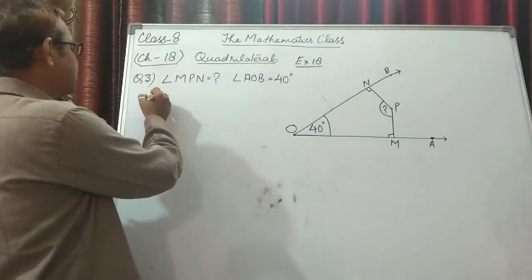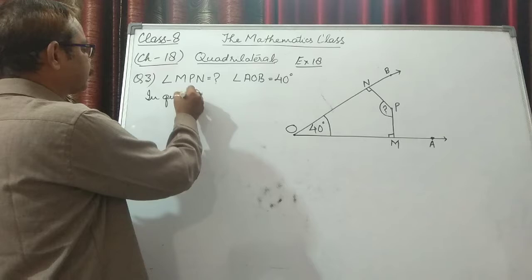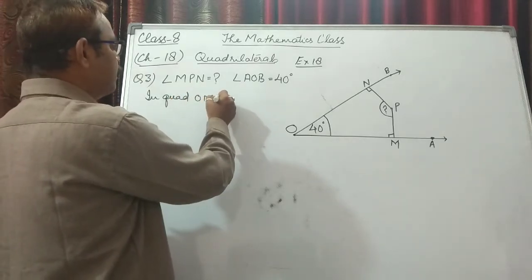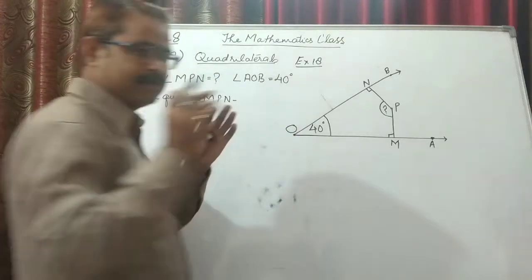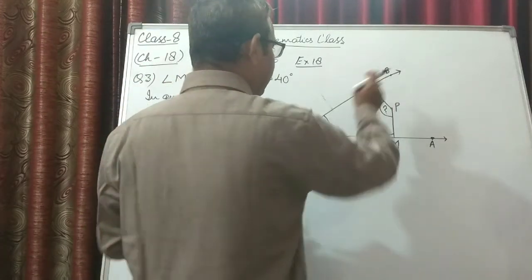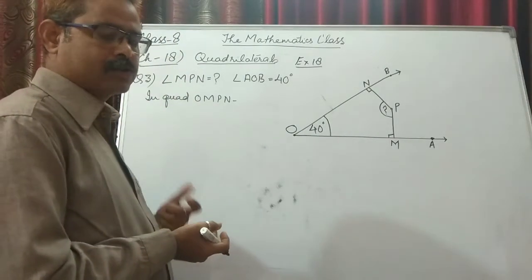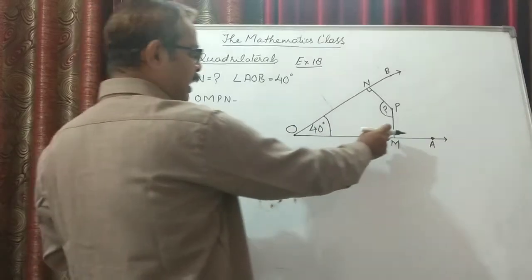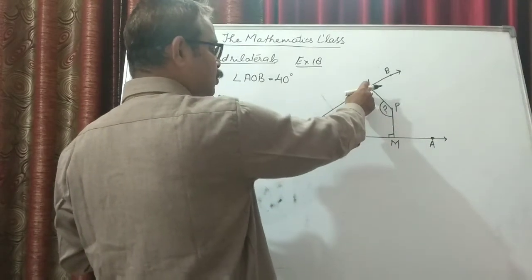So in quadrilateral OMPN, we know that the sum of all the interior angles of a quadrilateral is 360 degree. Angle O is 40 given, angle M is 90 given, angle P we have to find out, and angle N is also 90 given.